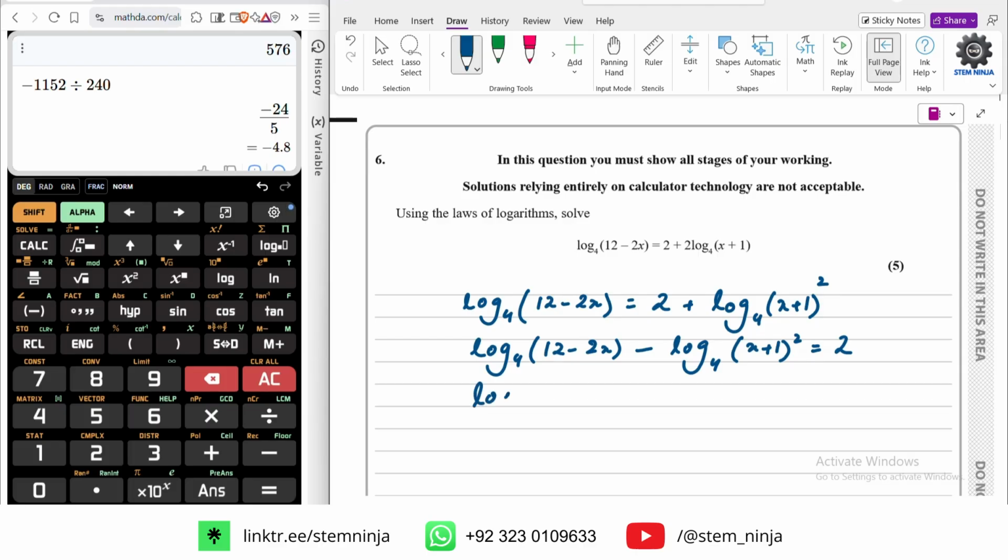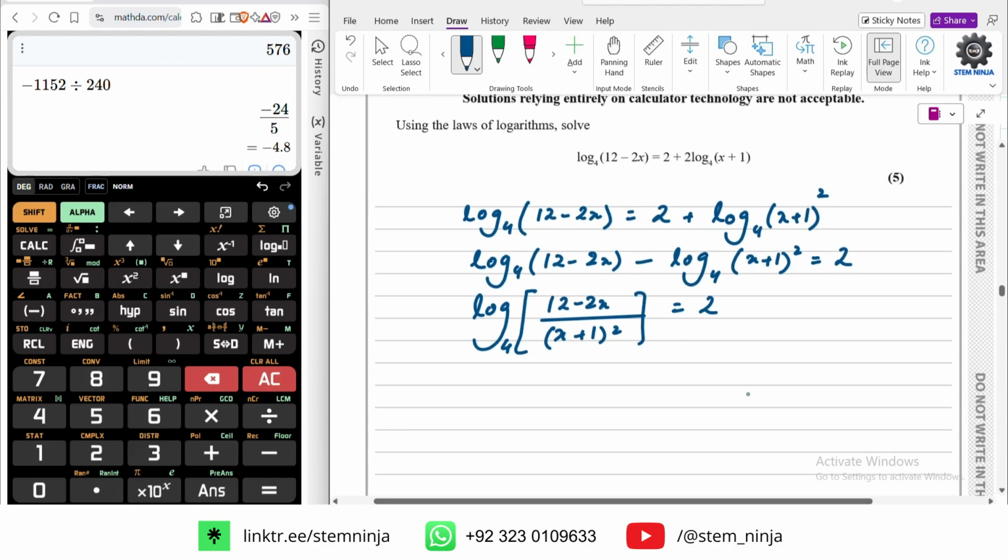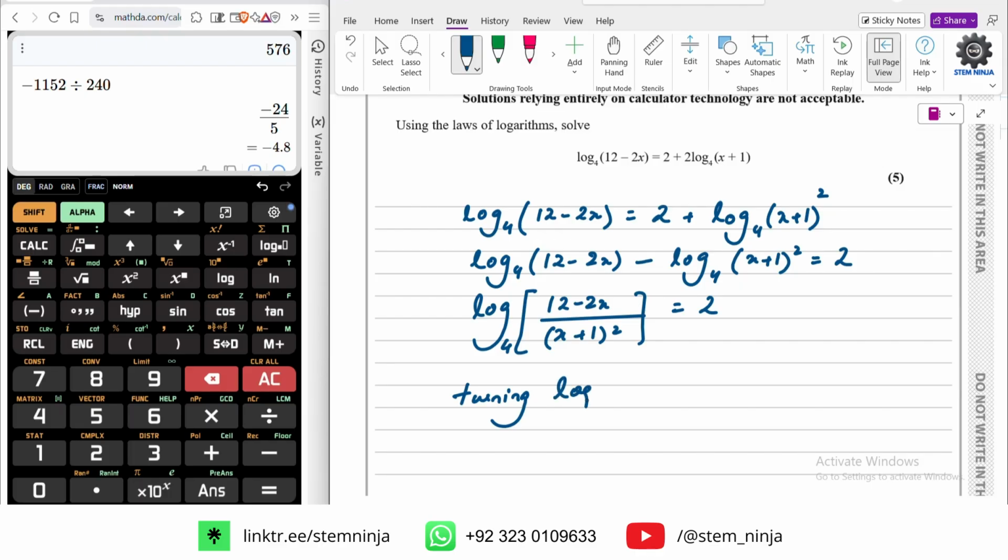So this can be rewritten as log base 4 of (12 minus 2x) divided by (x plus 1) whole squared, equals 2. Now we reverse the log, invert the function, so turning the logarithmic equation into exponential form.